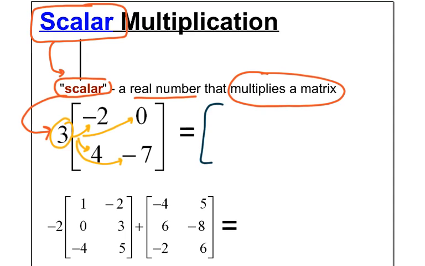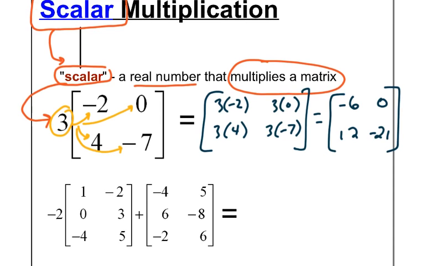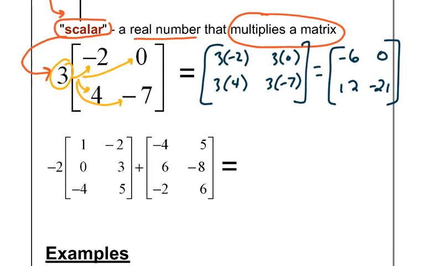So that means we're going to get 3 times -2, 3 times the 0, 3 times the 4, and 3 times the -7. Shall we simplify that? Square brackets here. How about -6, 0, 12, and -21? That's 3 times that matrix. That's all you have to do. Scalars are great too, because they just multiply into the matrix.